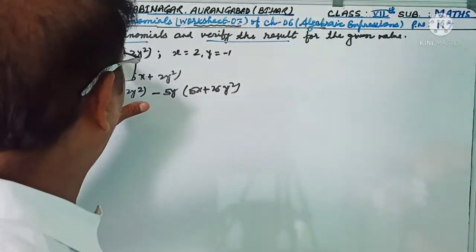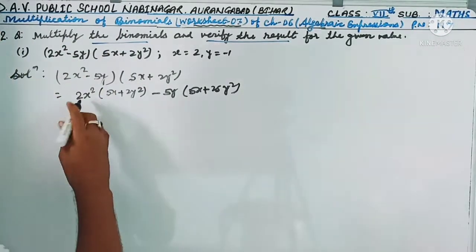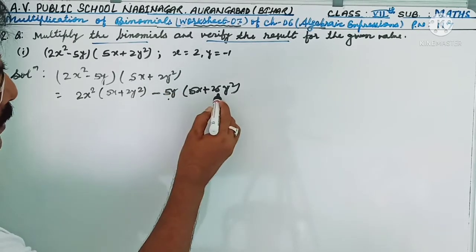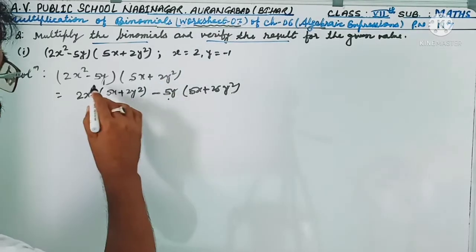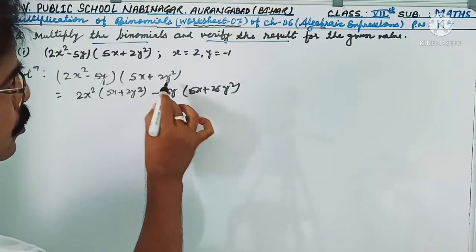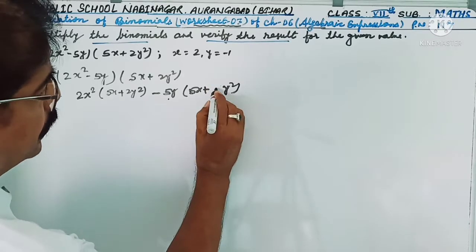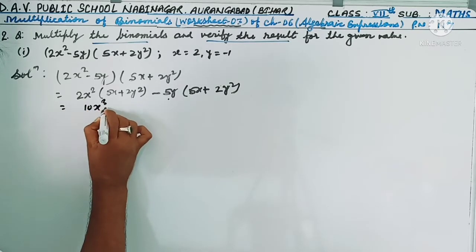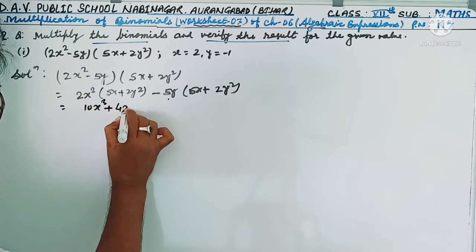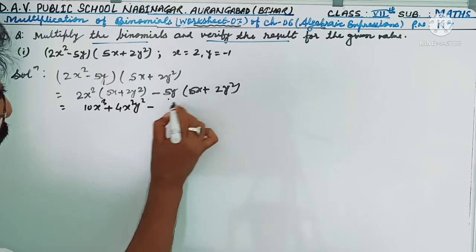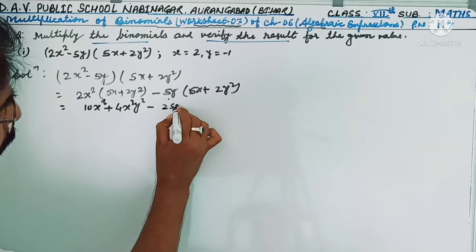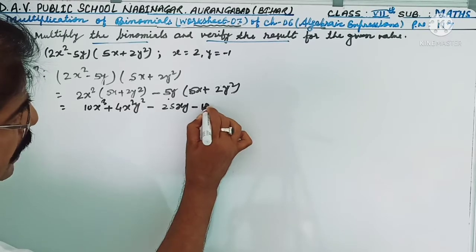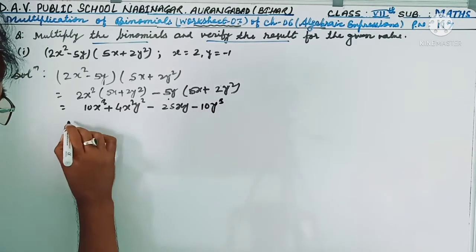Dear students, (2x square minus 5y) into (5x plus 2y square). So 2x square into (5x plus 2y square) minus 5y into (5x plus 2y square). And here 2 times 5, 10x cube, plus 2 times 2, 4x square y square, minus 5 times 5, 25xy, minus 5 times 2, 10y cube.